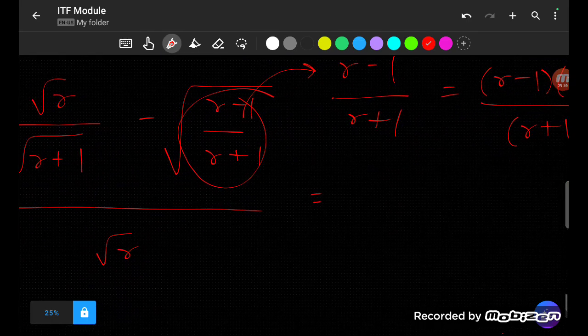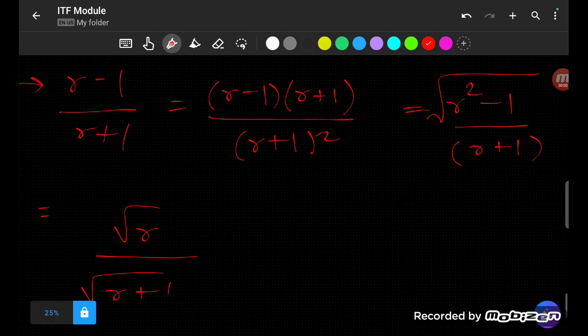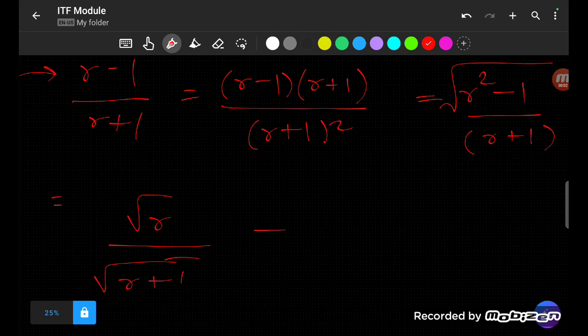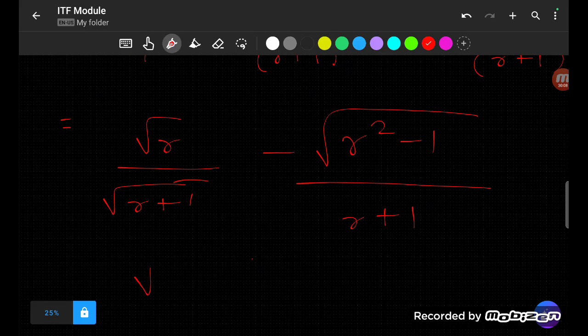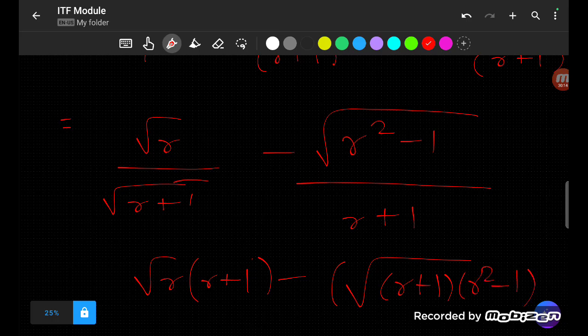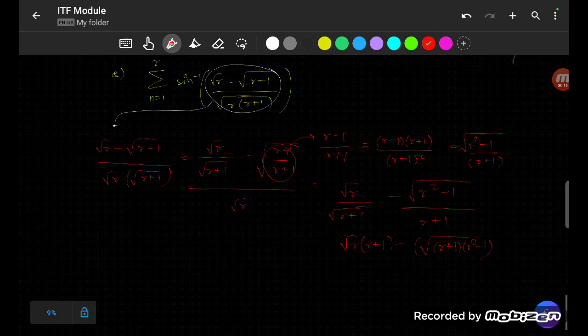So this can also be written as root r upon root r plus 1 minus under root of r square minus 1 upon r plus 1, so root r into r plus 1 minus root r plus 1 square. Now, okay, whoa, we've gone off the deep end here.